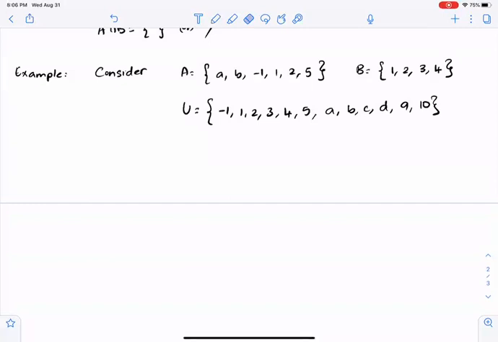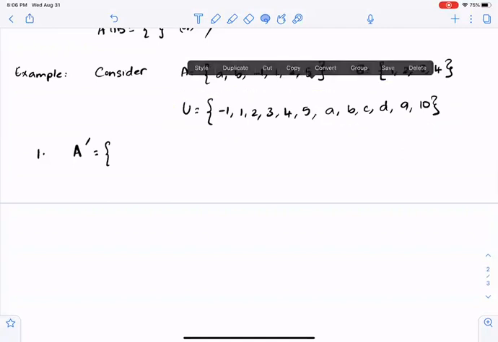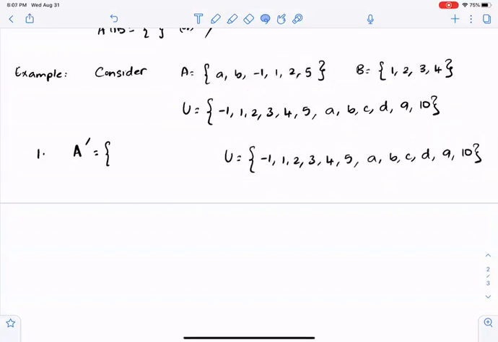Now, I want to find, let's say, a complement. I want to find everything that is not in A, but it's in the universal set. Well, let's see. I want to exclude everything that is in A. Well, what does A have?